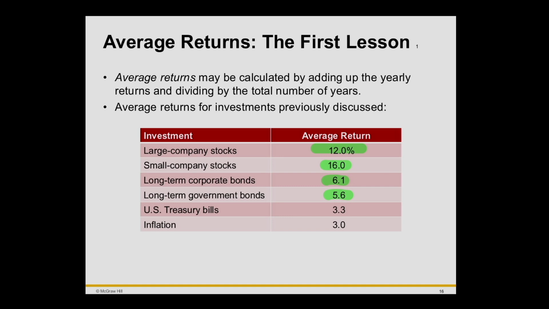So that 0.5% difference, what do you think's driving that? Let's say they're both the same term. Let's say they're both 20-year bonds. What's the difference? Yep, you're right. If you said the long-term government bonds are default risk-free, you would be correct.